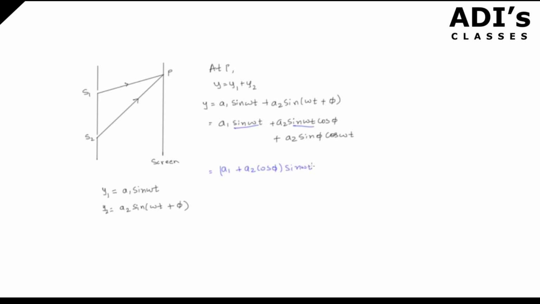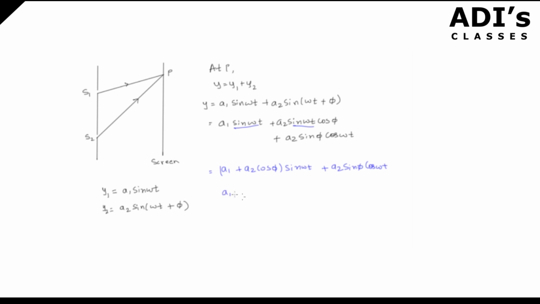Okay, phi being the phase difference. Now at P we have Y1 plus Y2. So we have at P, Y is equal to Y1 plus Y2.